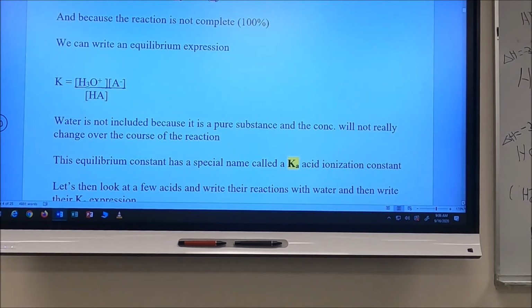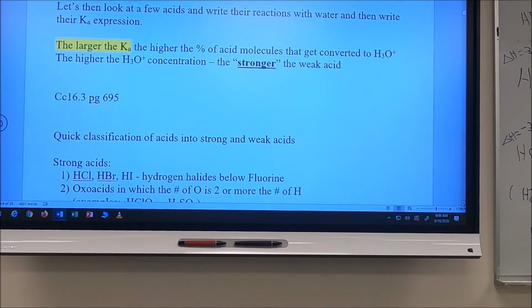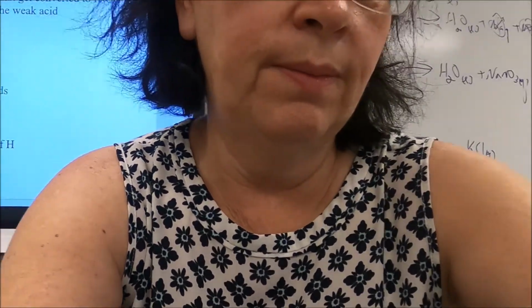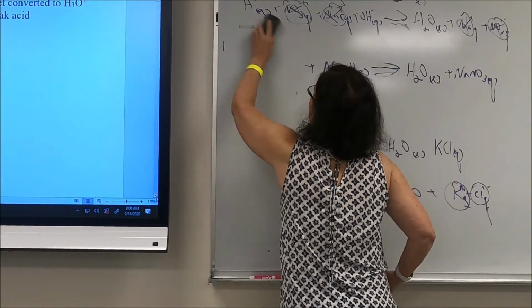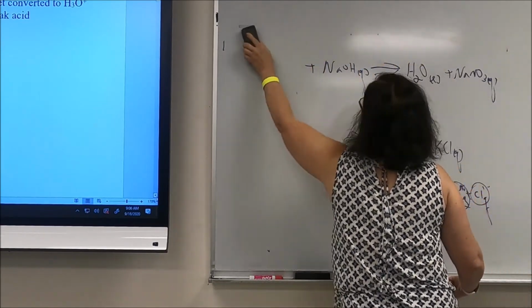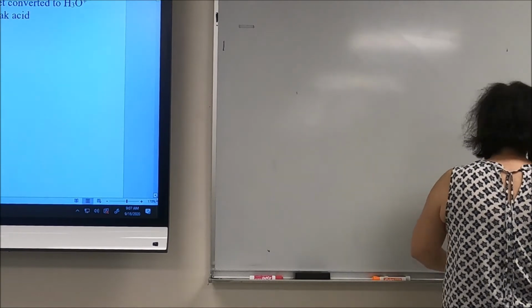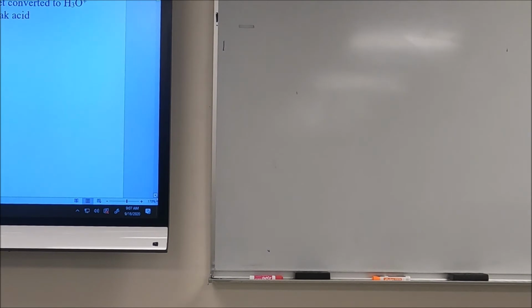Okay? So let's look at a few acids and let's write their reactions and then write their Ka expressions. All right, over we go. So let's give ourselves some working room here. Now, guys, given an acid, you're supposed to be able to write this reaction with water. It doesn't have to be given to you.